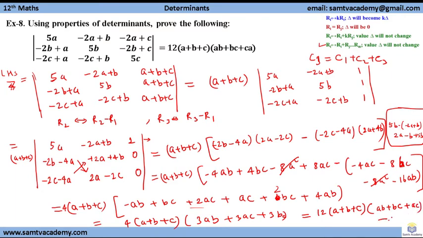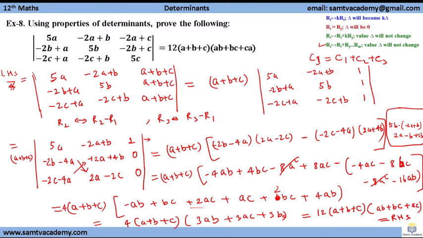So this is equals to right hand side. So we have proved it is equal to right hand side. Hope all these steps are clear to you. So like this you can solve with minimum reduction. You can solve this question in your question paper, and you will apply these tricks.